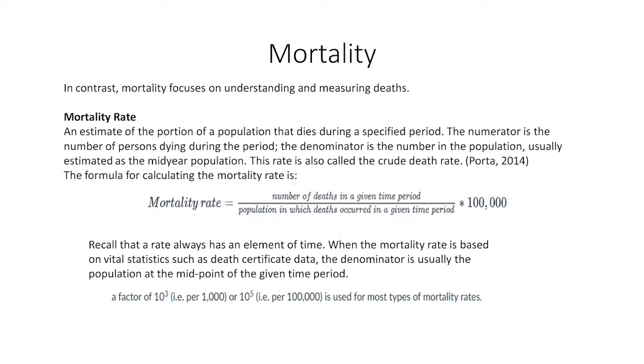Recall that a rate always has an element of time. When the mortality rate is based on vital statistics, such as death certificate data, the denominator is usually the population at the midpoint of the given time period.